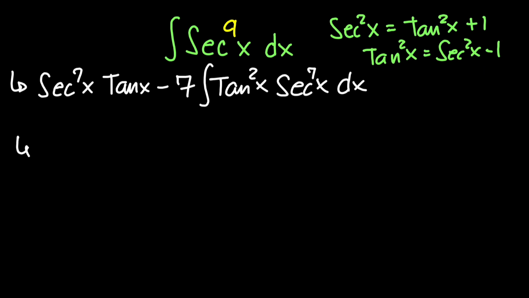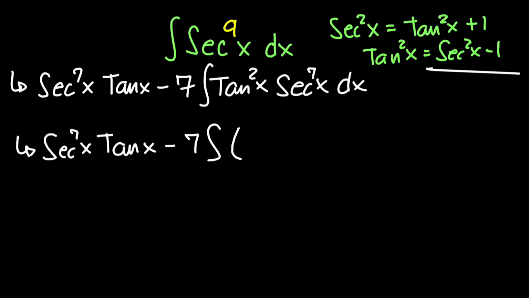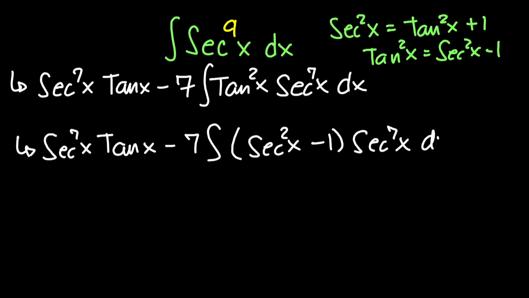After that, let us just substitute it. Tangent squared of x, putting this one, and copy the rest. And after that, we can distribute this one to the parentheses.